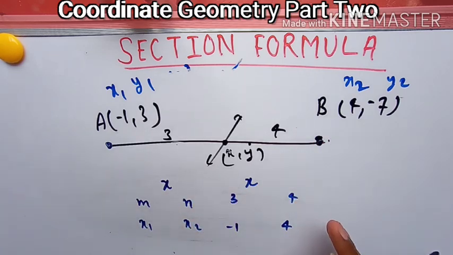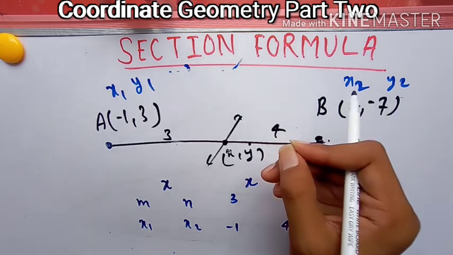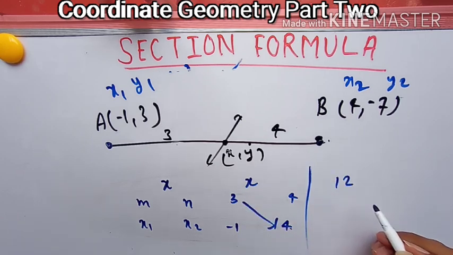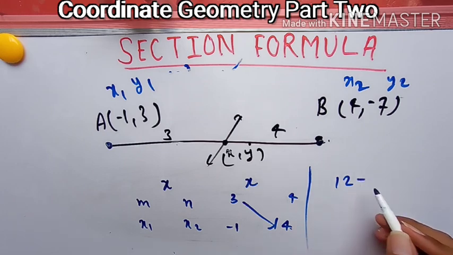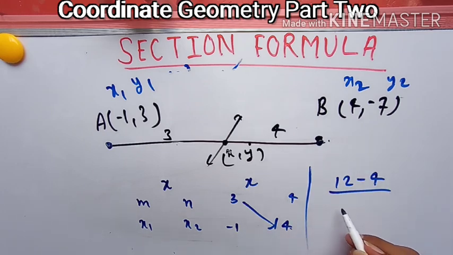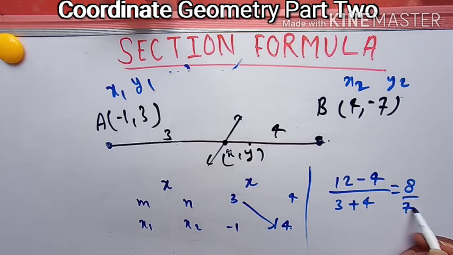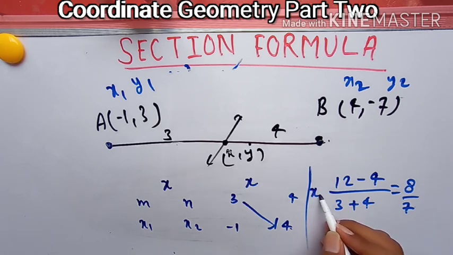You will simply write the answer in just one line, but you have to understand the basics. So see, you have to multiply 4 times 3, 12, 4 times 1, 4, and there is a minus sign, so 12 minus 4 upon the sum, which is 3 plus 4. So 12 minus 4 gives you 8, and 3 plus 4, 7. So 8 by 7 is the x coordinate.